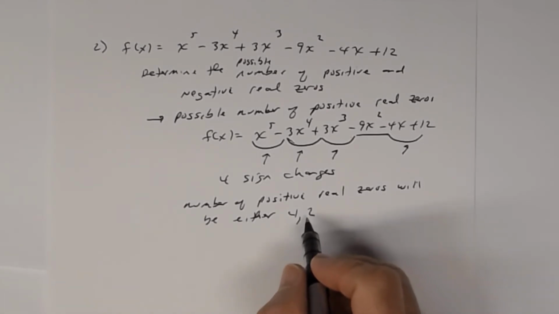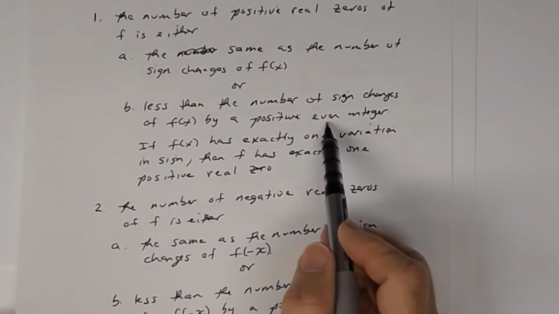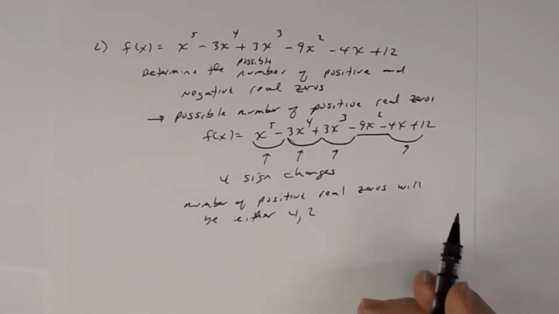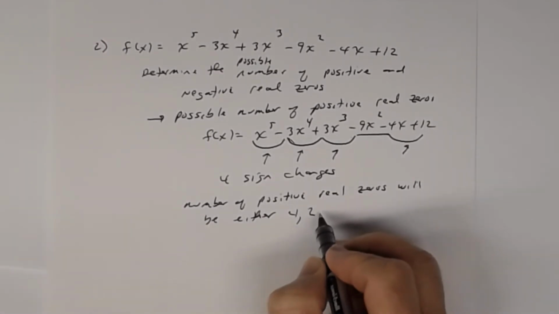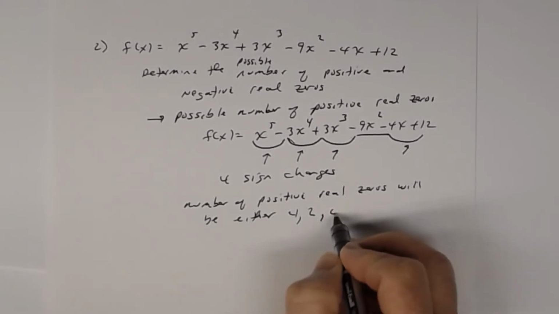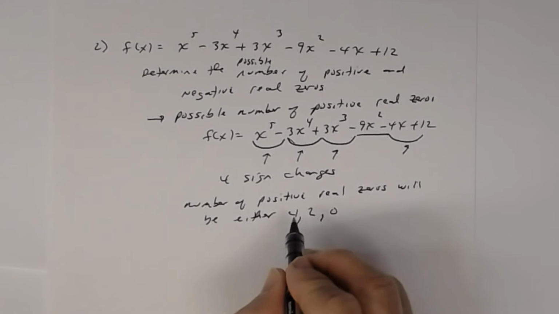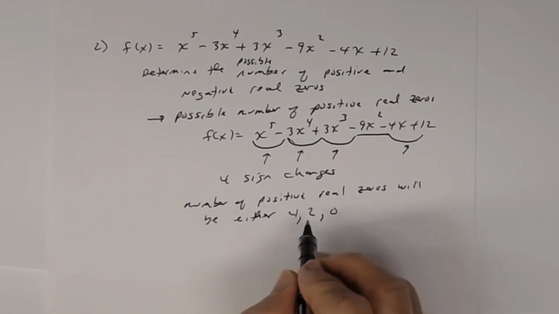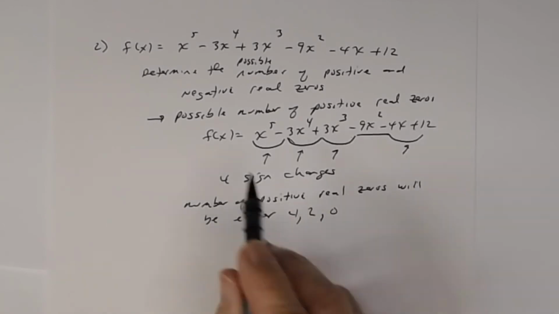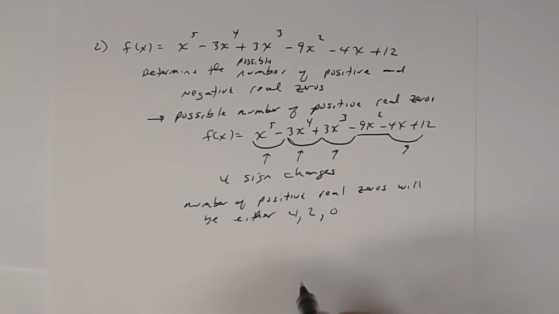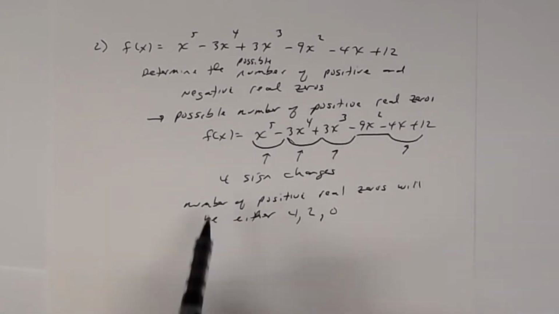But you're going to see why it says subtract by an even integer. Okay, so 4 subtract 2 is 2, and 2 subtract 2 is 0. And I stopped there because I got to 0. All right, so you can have 4, you can have 2, or you may not have any positive real zeros according to this.